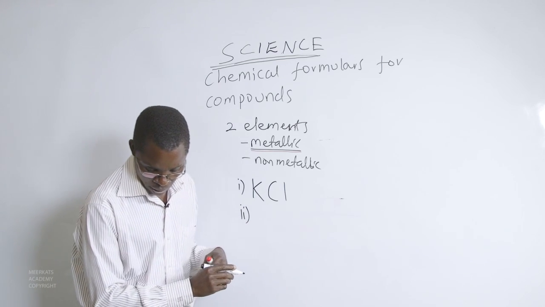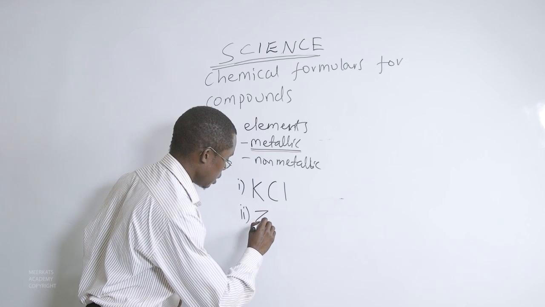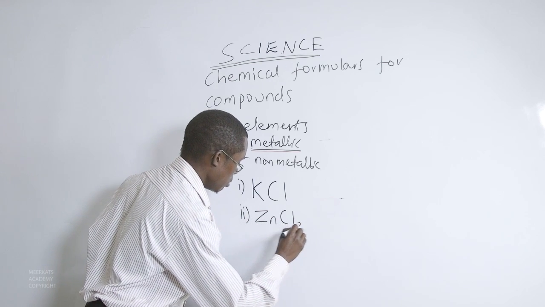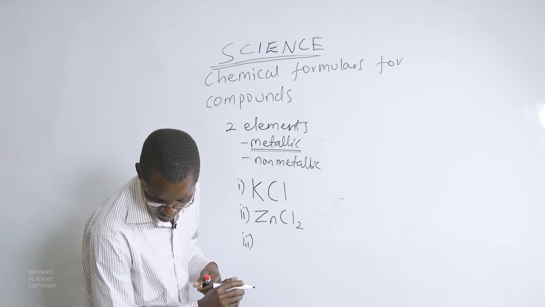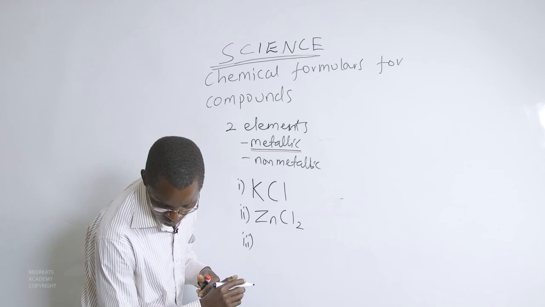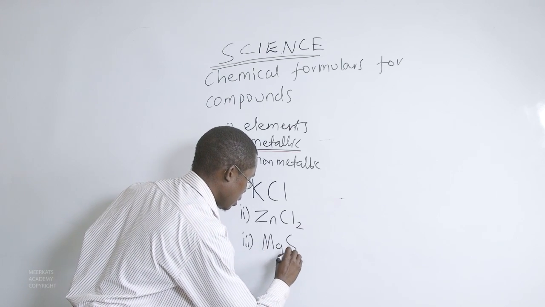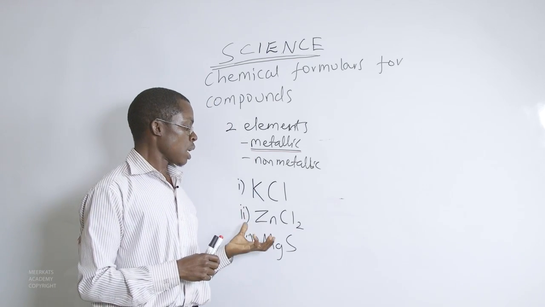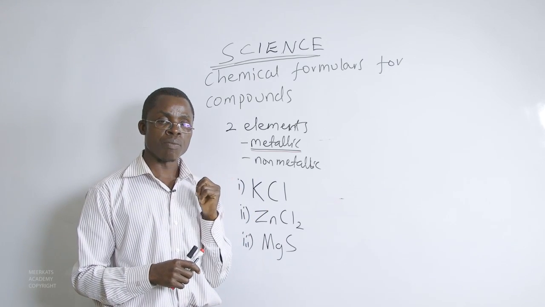Number 2, let's have ZnCl2, and number 3, we can have MgS. These are compounds that have only 2 elements in them.